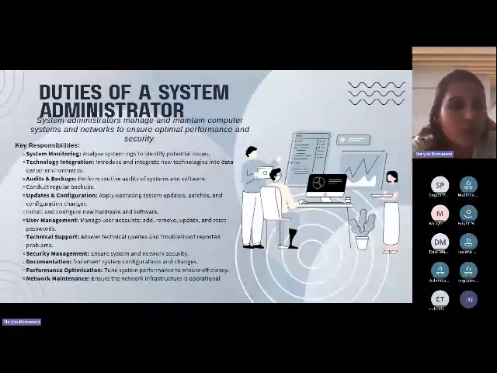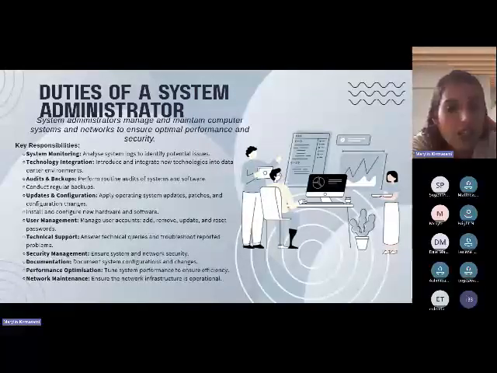They also are responsible for troubleshooting and technical support. So, answering any technical queries, they provide support on technical issues, they diagnose and resolve problems. And if there's any network problems as well, this would be the person that you go to. They also have quite a bit of security responsibilities.